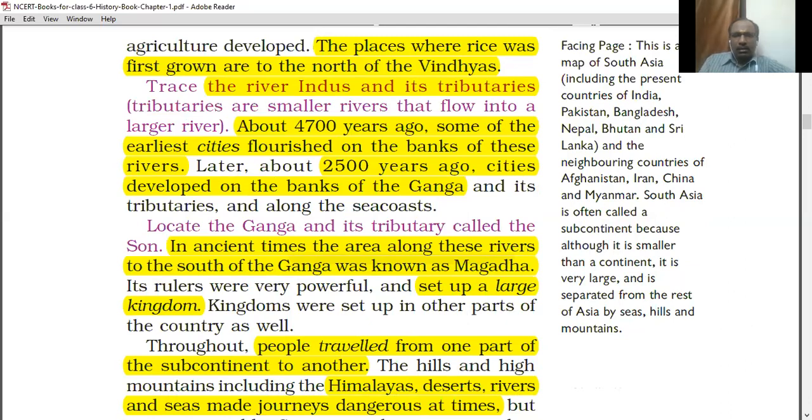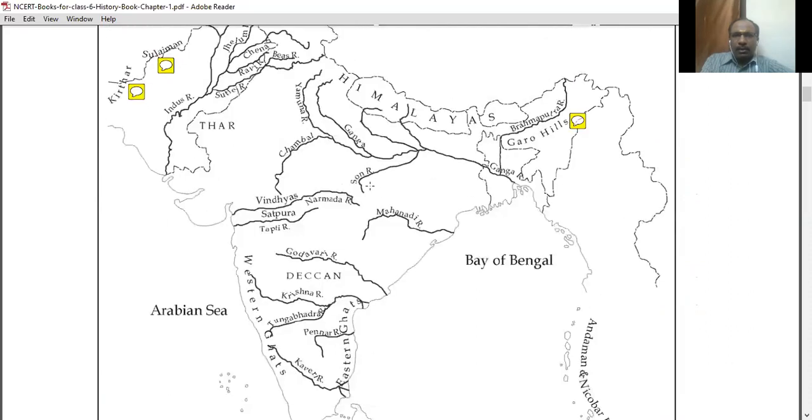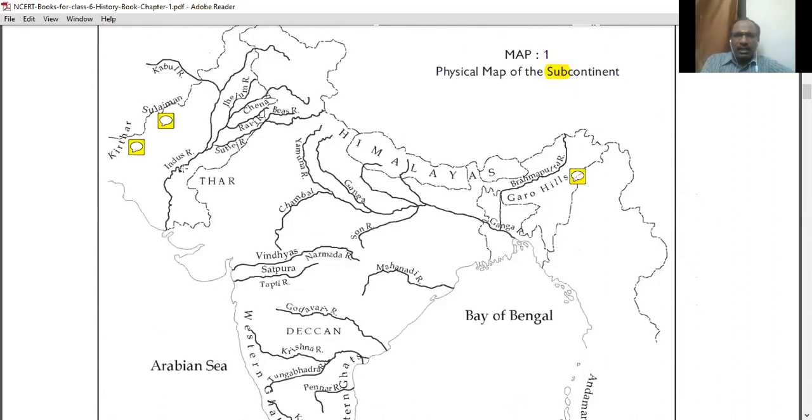And you are able to locate them again on the India map. You are able to locate Ganga here. It has branches Yamuna, Chambal, River Son. In the same way, the Indus also has branches like Jhelum, Chenab, Ravi, Beas, and Sutlej.